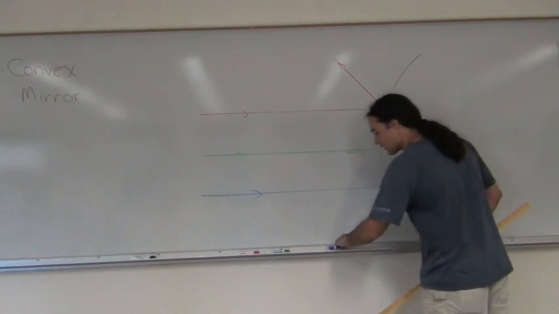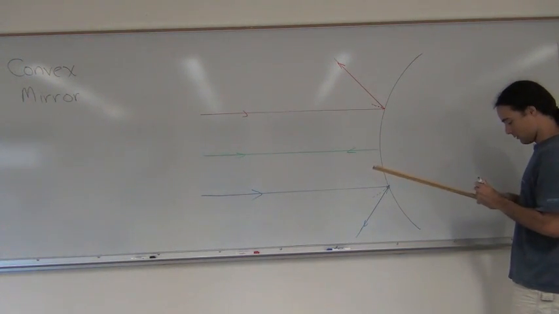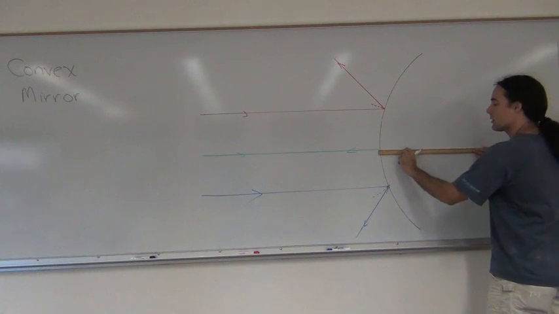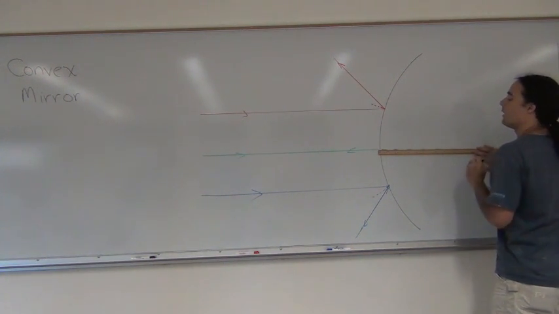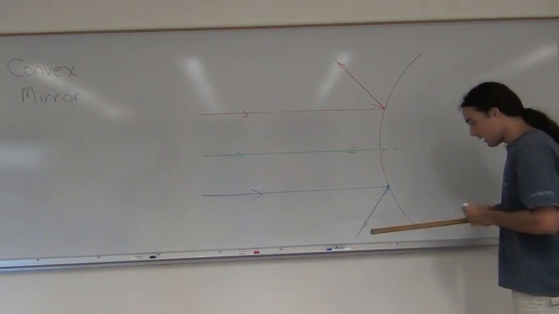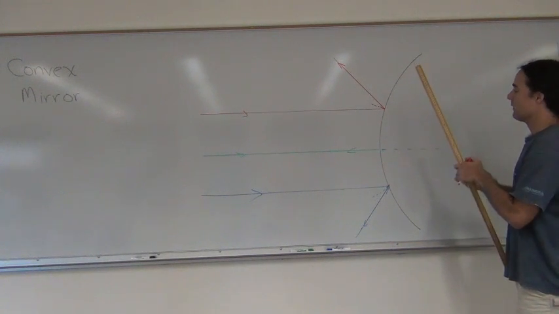I could imagine that my green line extends. Since this is just us imagining, I'm going to just draw this as a dotted line. You can imagine that the green line extends a bit further. Similarly, the red line would extend a bit further as well.